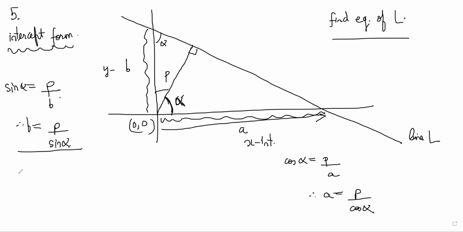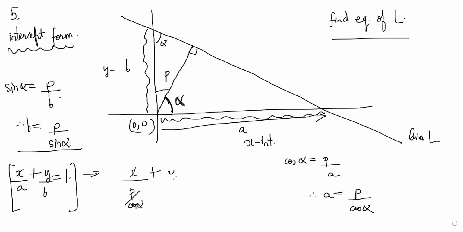So my equation should be x by a plus y by b is equal to 1, right? Using the previous form. If I write the equation like this, I get x by p by cos alpha plus y by p by sine alpha is equal to 1. So that gives me the equation x cos alpha plus y sine alpha is equal to p.